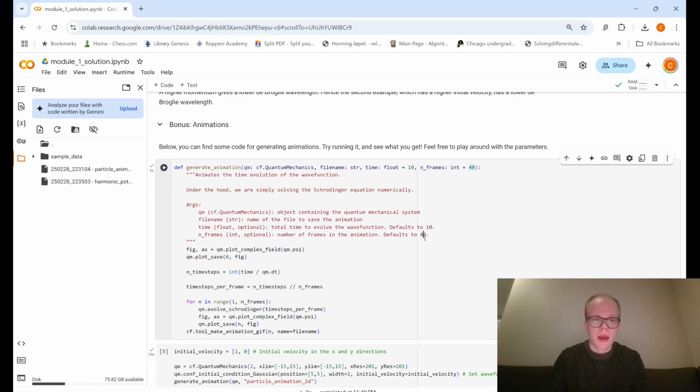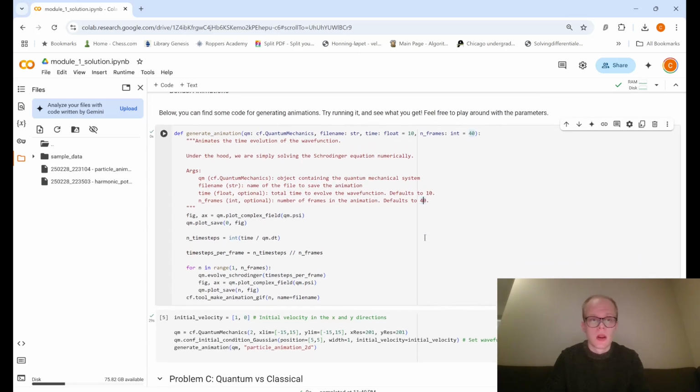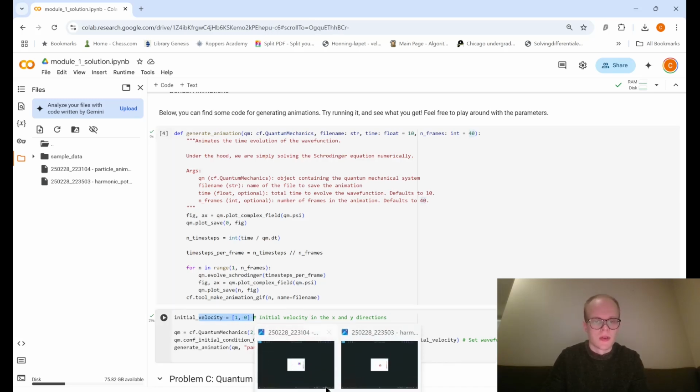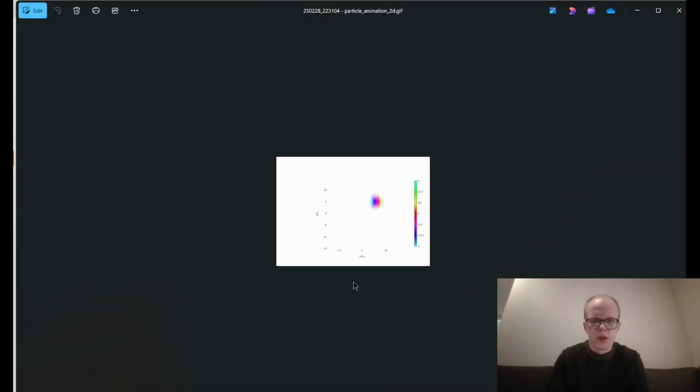Additionally, we have some code here for generating animations. This takes a bit of time to run. I've pre-run it for this setup with initial velocity 1, 0, and I'll show it to you right here. So, right, we see what we expect. The particle moves in the positive x direction.